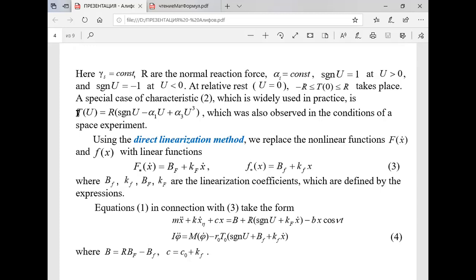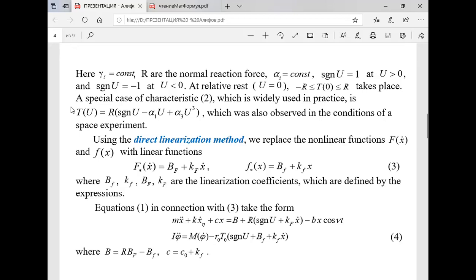At relative rest, u is equal 0, minus r is less than or equal T of 0 is less than or equal r takes place.